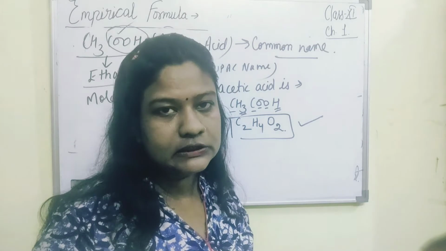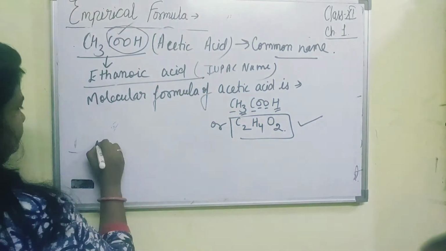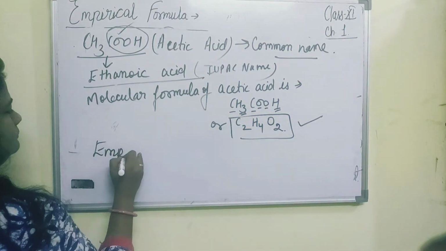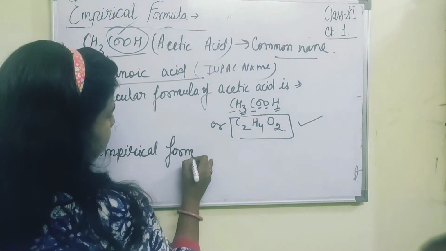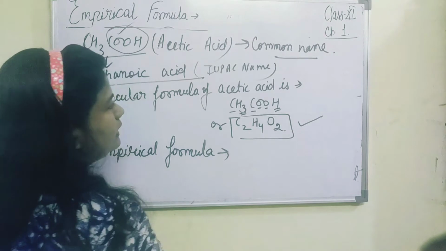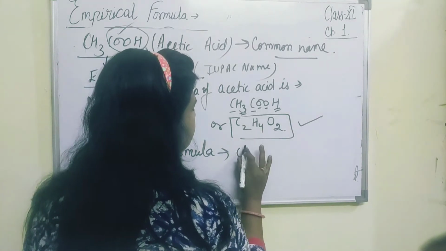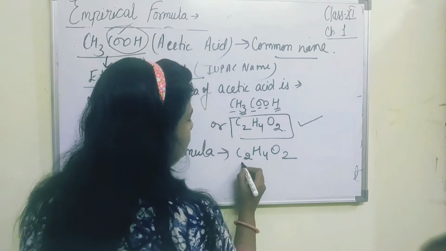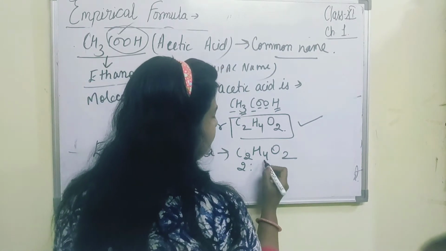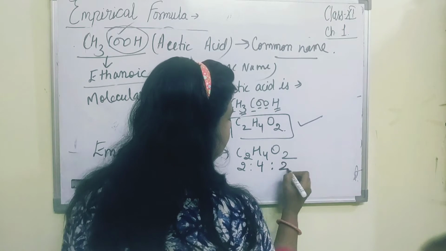But when we see its empirical formula, then C2H4O2. This is the molecular formula. Carbon atoms are 2, hydrogen atoms are 4 and oxygen atoms are 2.